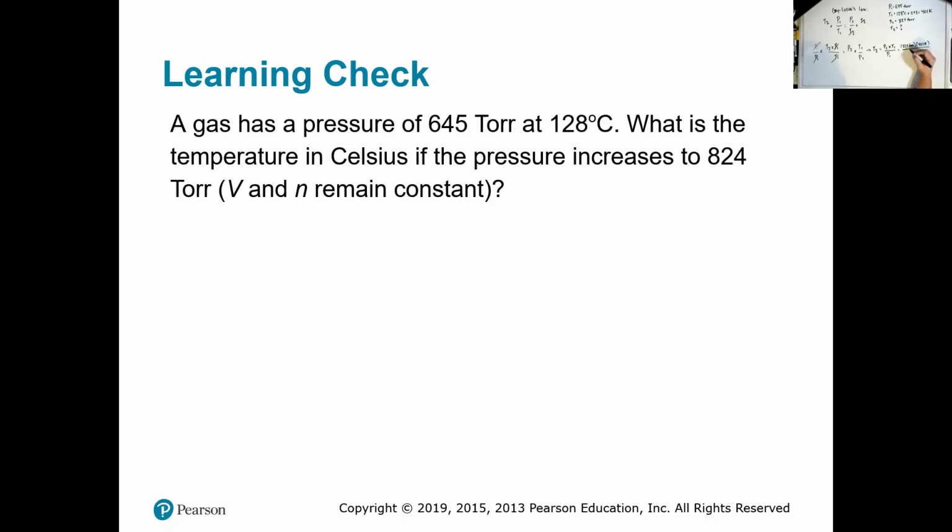And we're dividing that by P1, which is 645 torr. Our pressure units cancel out. Our temperature is going to be 512 Kelvin. They want this temperature reported in Celsius, so once we get our Kelvin temperature, we'll subtract 273 from it. And we have a Celsius temperature of 239 degrees.